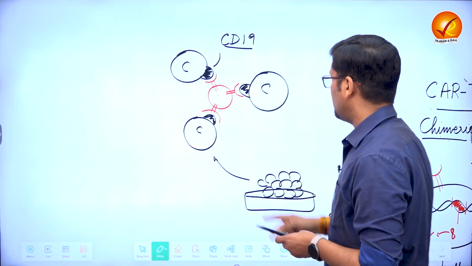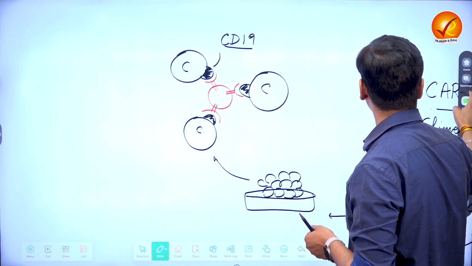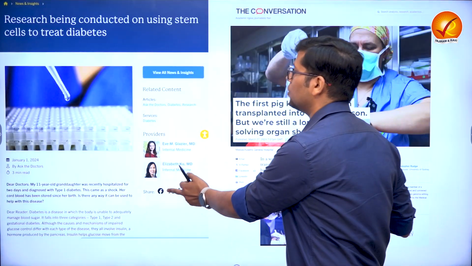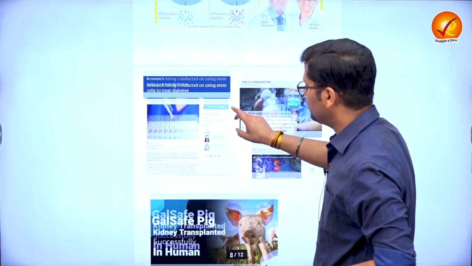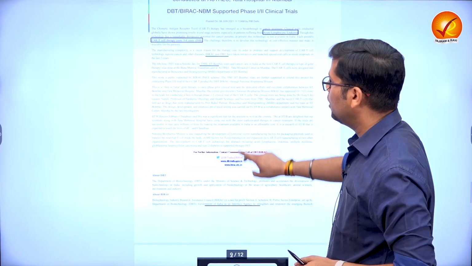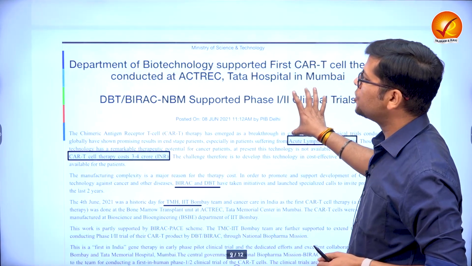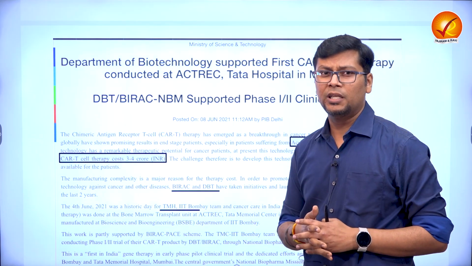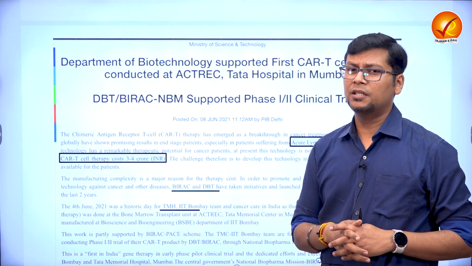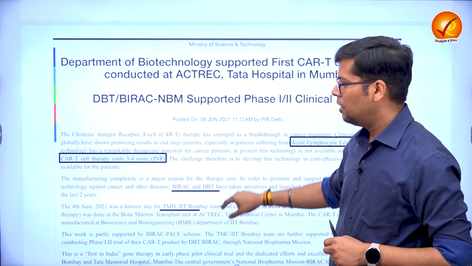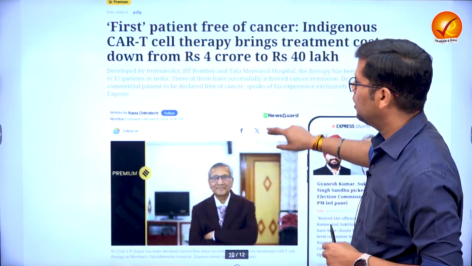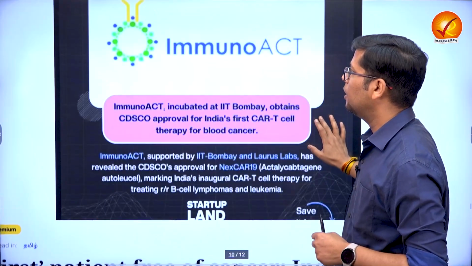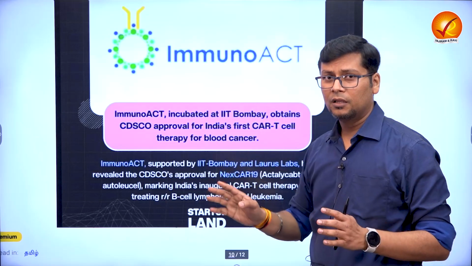This CAR T cell method, which is seen as a revolution, has been successfully tried across the world, and India fortunately is also not lagging behind, wherein a trial that started in a collaborative mode by DBT, IIT Bombay and Tata Memorial Hospital has come to a point where the first startup incubated at IIT Bombay, by the name ImmunoAct, would be important.